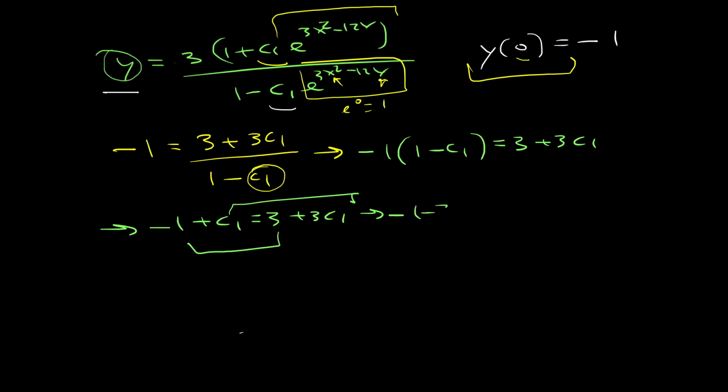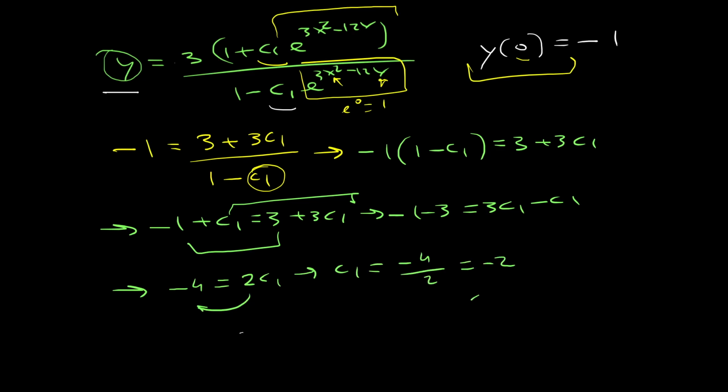So minus 1 minus 3 is equal to 3c1 minus c1. So minus 1 minus 3, that's minus 4. And then 3c1 minus c1, that's 2c1. So c1, you get this the other way, dividing. So c1 is minus 4 divided by 2. So c1 is equal to minus 2.